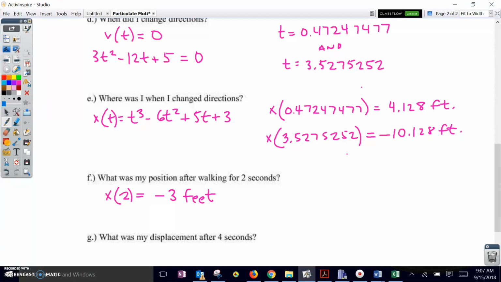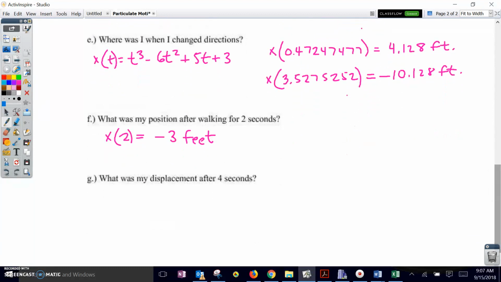And then lastly, what was my displacement after 4 seconds, which is a little different from my position. My displacement is my change in position. So after 4 seconds, my displacement is going to be the difference between my position at time 4 and my position at time 0. I can calculate both of those by putting those values into the position equation.